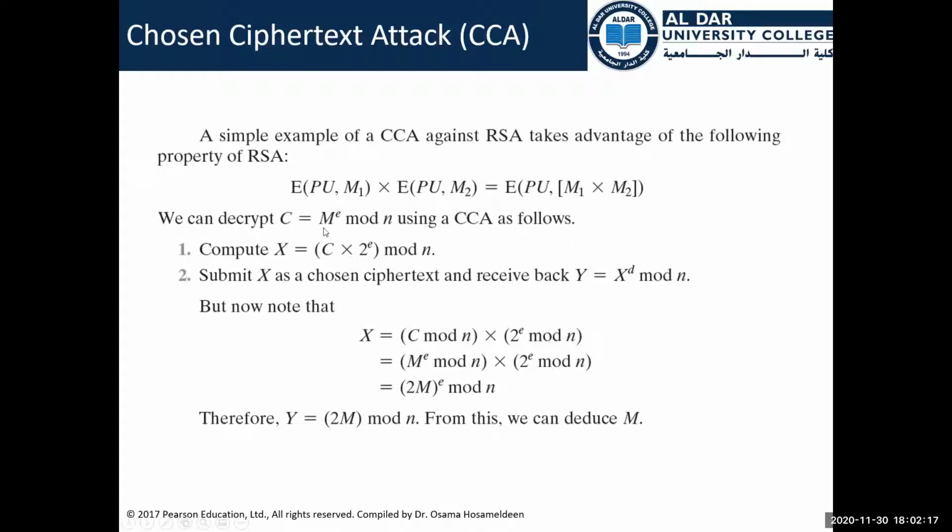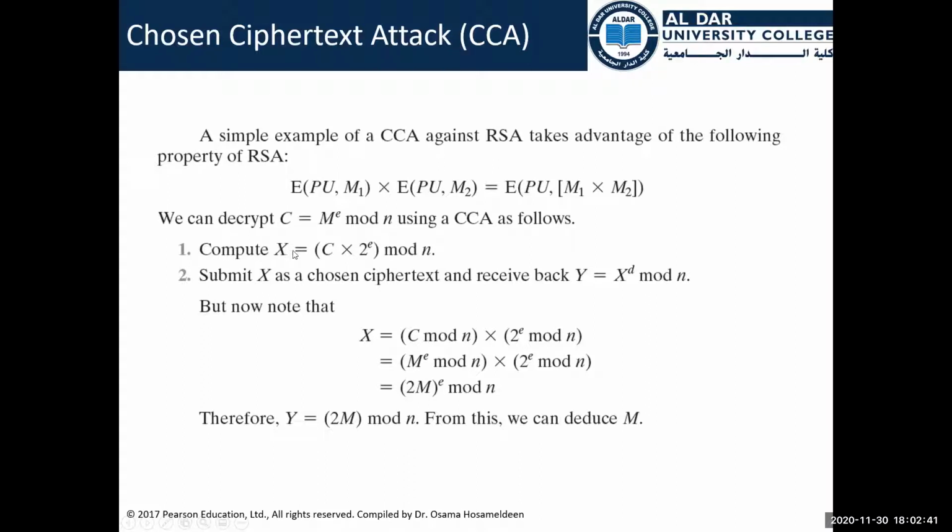So, for example, we can decrypt C equals M to the power E mod N, where E is the public key, using the CCA as follows. Don't forget that C is equal to M to the power E because we are using the public key to encrypt our data.